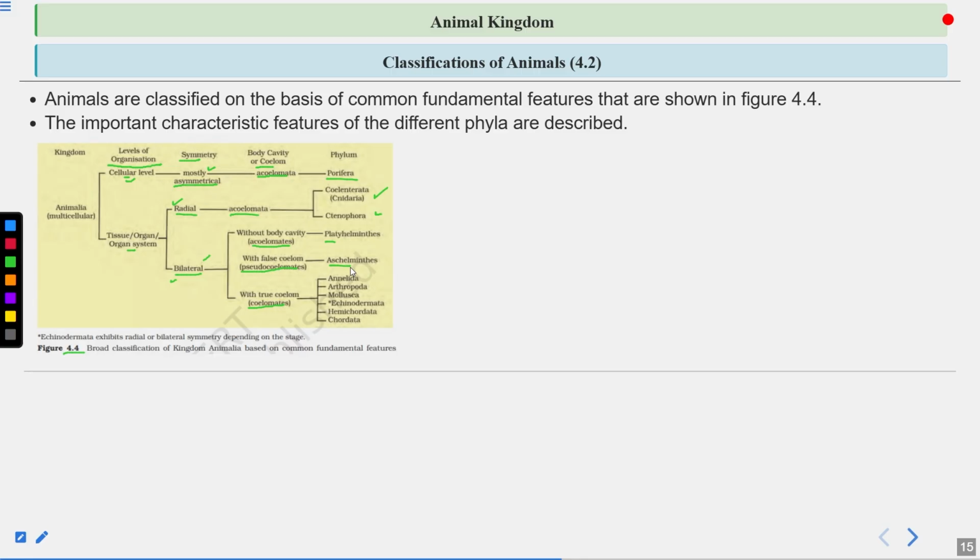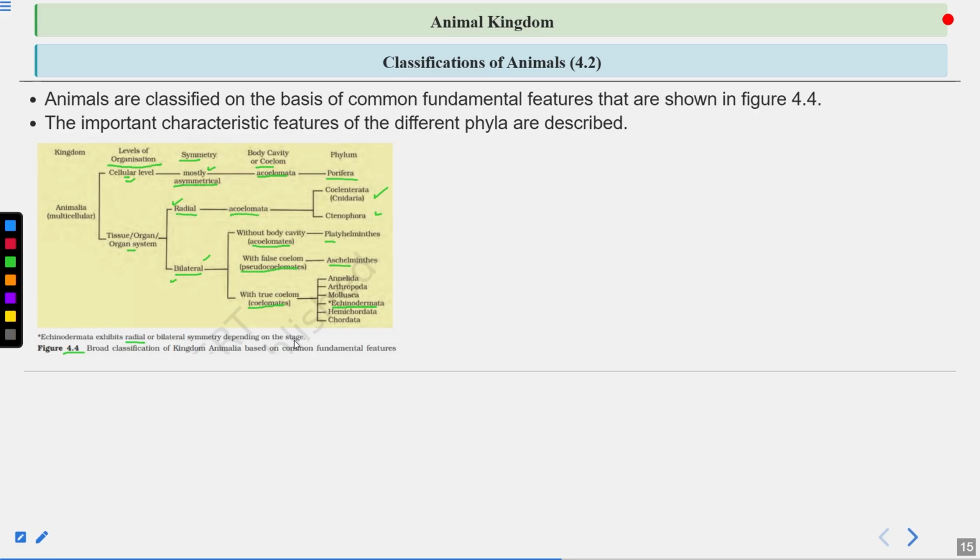Now, bilateral symmetry, and all are exhibiting true coelom. So from Annelida to Chordata, you can see that all exhibit bilateral symmetry, right? Only Echinodermata is different here. It exhibits radial or bilateral symmetry depending upon the stage. The larval stage exhibits bilateral symmetry, but the adult stage exhibits radial symmetry.